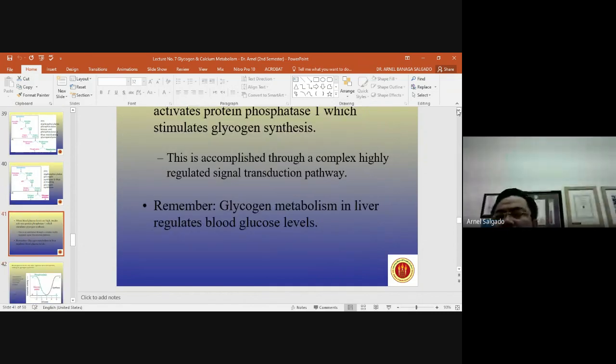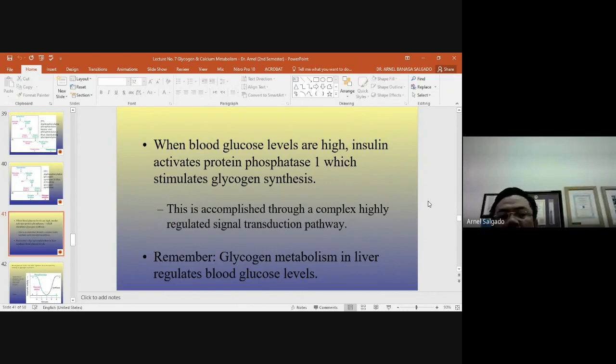Now, moving forward, when blood glucose levels are high, as I mentioned earlier, just because maybe this morning you took lots of soda, Coca-Cola, or coffee with sugar, insulin activates protein phosphatase 1, which stimulates glycogen synthesis.